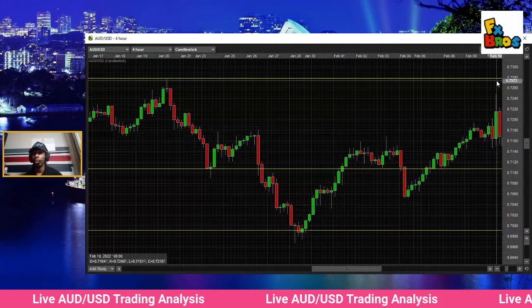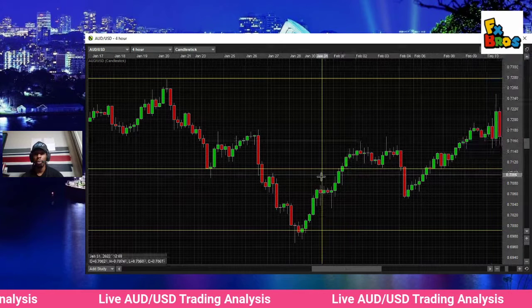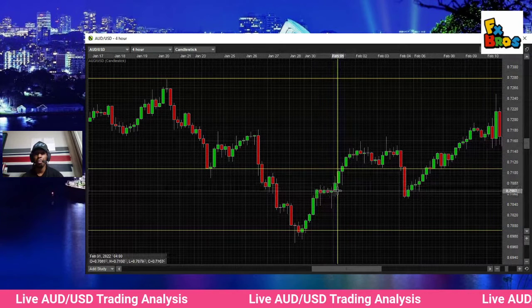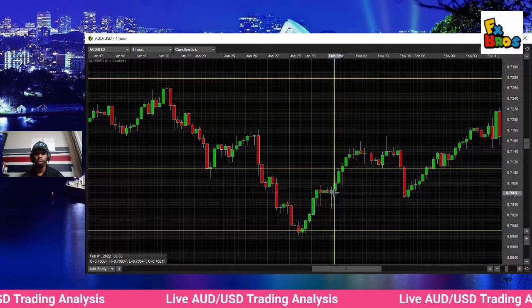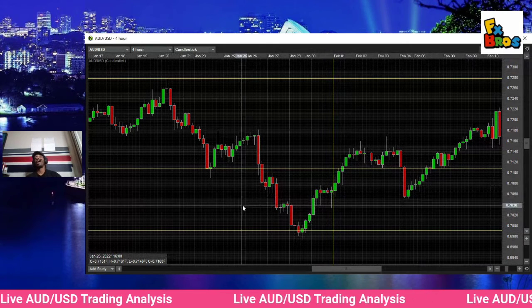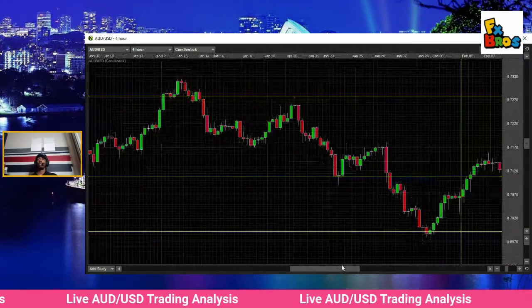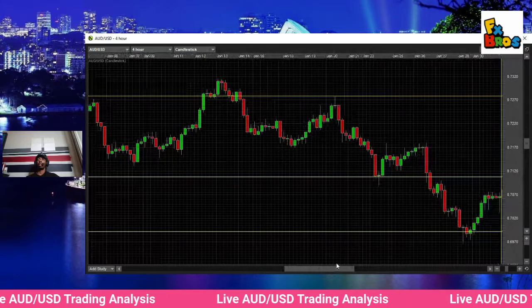And basically I'm going to draw a vertical line so I can show where the 31st ended, which is right here. Bam. So we scroll over. This is what we have.